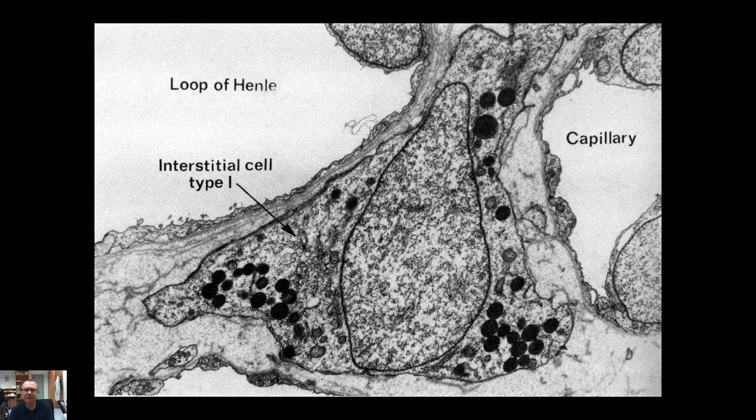Sometimes you'll find special interstitial cells here, and they are responsible for the secretion of another hormone. The kidney is a very potent organ in hormone secretion. Not only renin is secreted here, but also erythropoietin. Interstitial cells secrete erythropoietin, which is a hormone stimulating erythropoiesis in bone marrow.